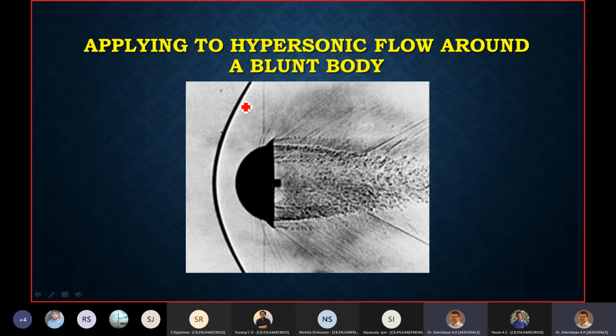For the sake of this discussion, I'm considering a domain which is bound between these two red regions. I'm interested in solving the flow field in between, particularly with the interest of calculating the pressure distribution on the body. That is, what is going to be the pressure distribution on this.